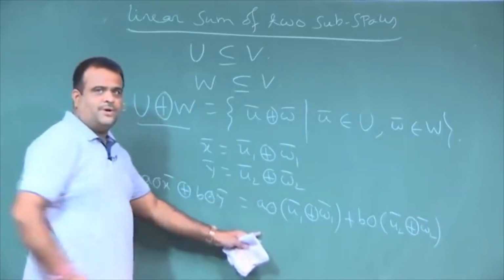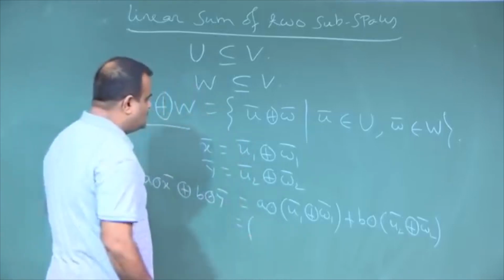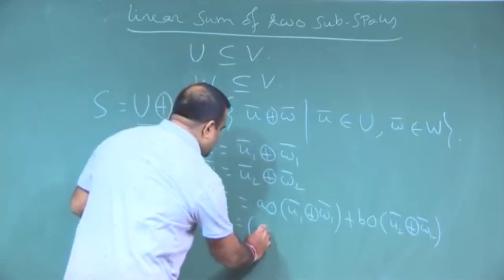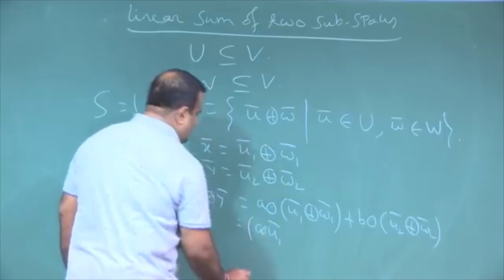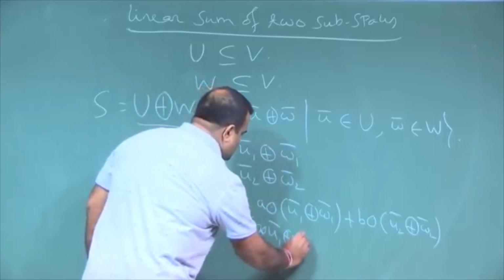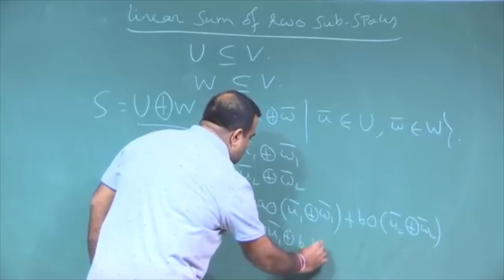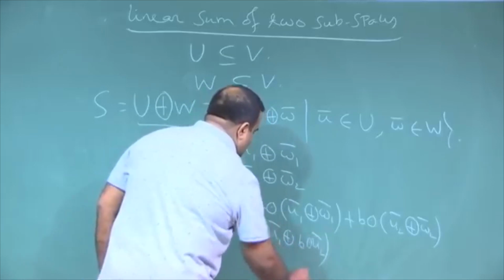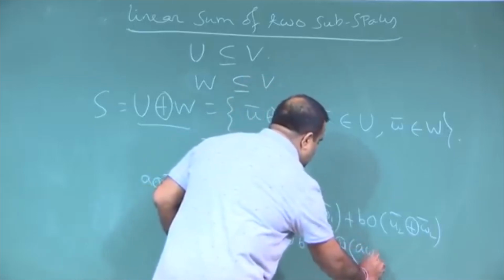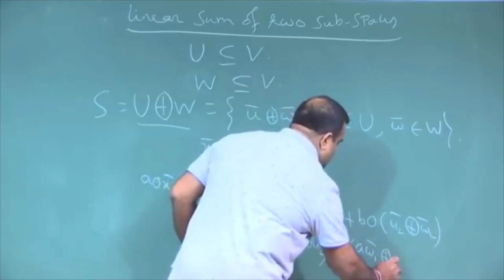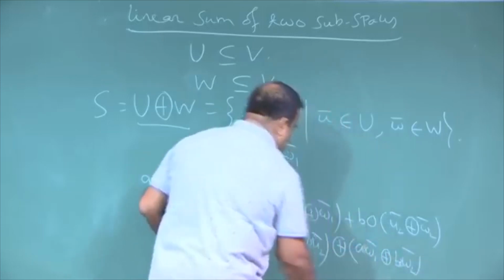Now, if we use the properties of scalars and combine this, this will give us alpha u1 plus beta u2, plus alpha w1 plus beta w2. These are all scalar multiplications.